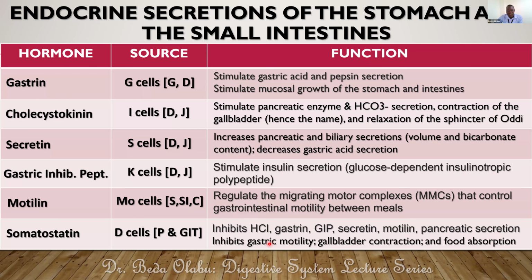It also inhibits some functions like gastric motility. It inhibits gallbladder contraction. It inhibits food absorption. So it's an inhibitory hormone for multiple functions. Somatostatin: statin for static, stop; somato for body, so it may bring some functions to a stop. Okay, that summarizes the story of stomach and small intestine.